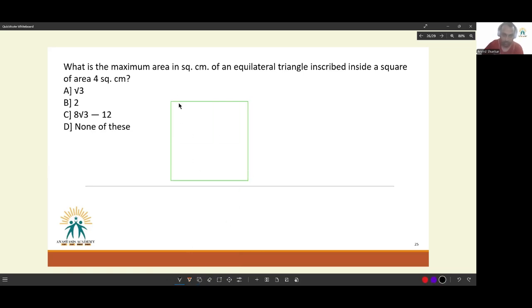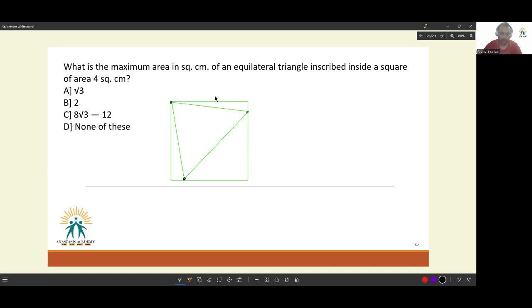Now, if I'm trying to draw an equilateral triangle, the largest equilateral triangle that can be drawn within a square will go something like this. Here and here and here.